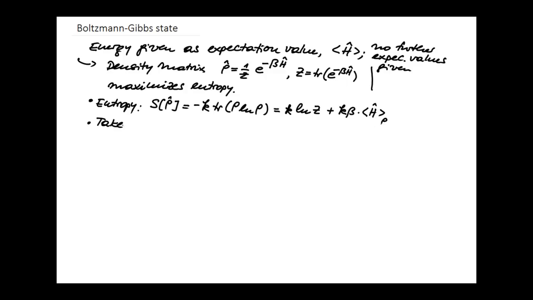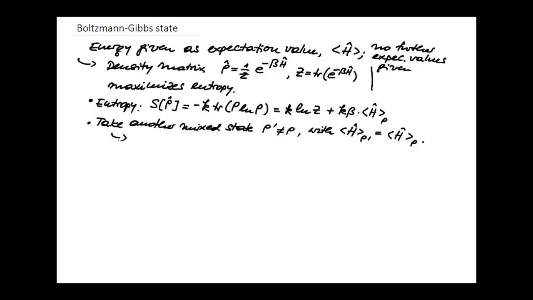Now let's take another mixed state that gives the same expectation value for the Hamiltonian. So let's take another mixed state rho prime, different from rho, that gives the same expectation value for the energy. So the expectation value of the Hamiltonian in rho prime equals the expectation value of the Hamiltonian in rho.